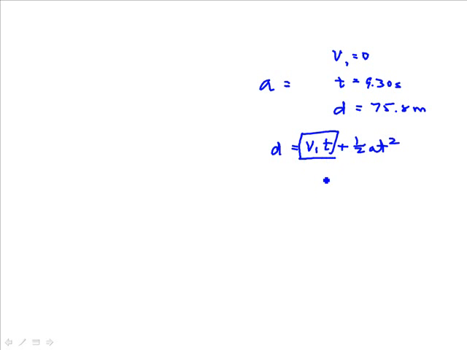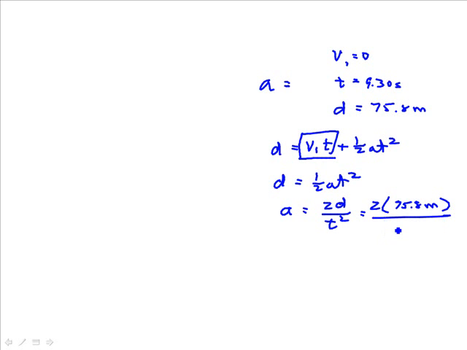If it wasn't 0, this could be a bit of a problem. But since D is equal to 1/2 A T squared, then A is equal to 2D over T squared. That would be 2 times the distance, 75.8 meters, divided by the time of travel, 9.3 seconds squared. Now don't forget to square that.